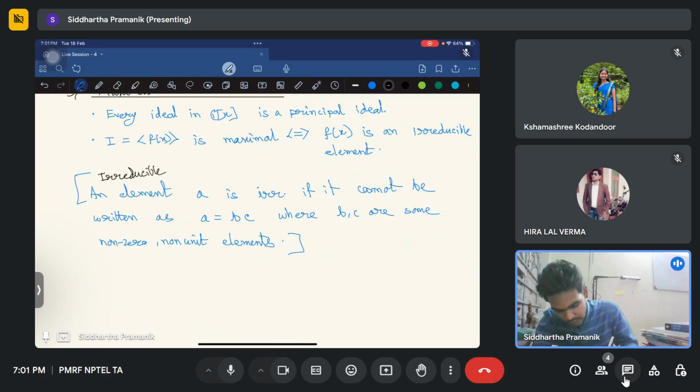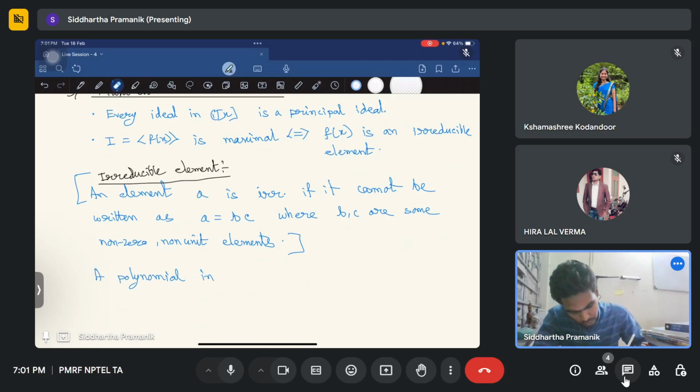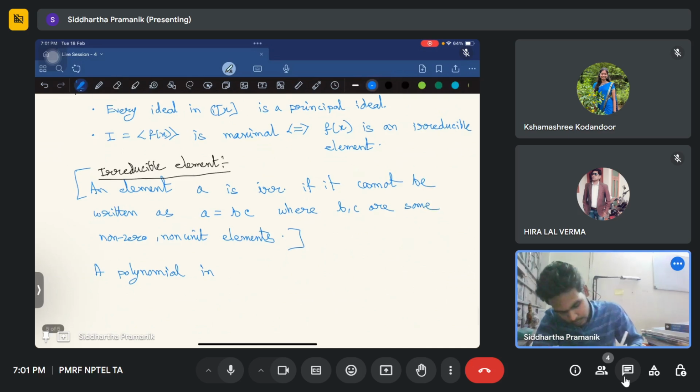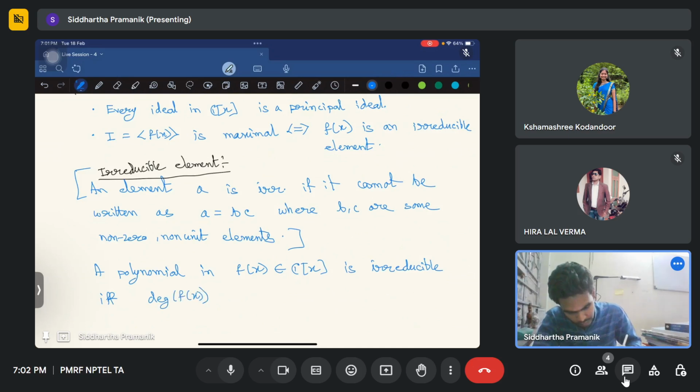I hope you have seen this in the lectures. So a polynomial, let's say f(x), belongs to C[x], is irreducible if and only if the degree of f(x) is equal to 1.